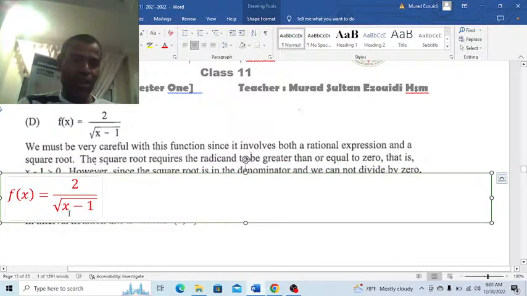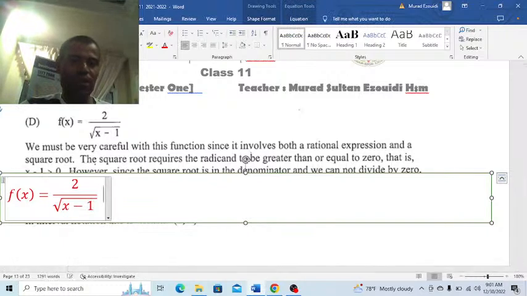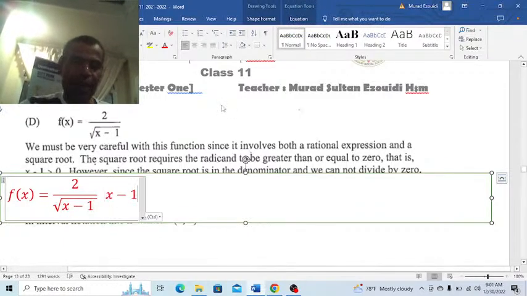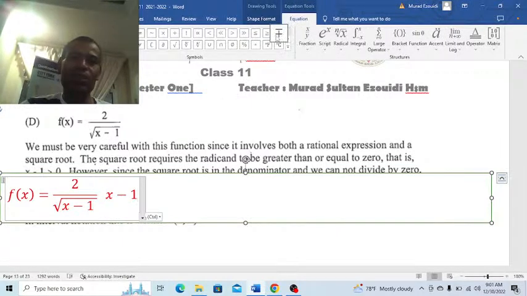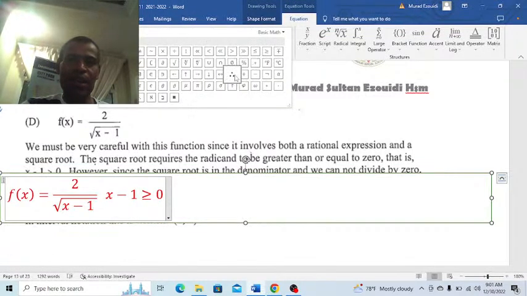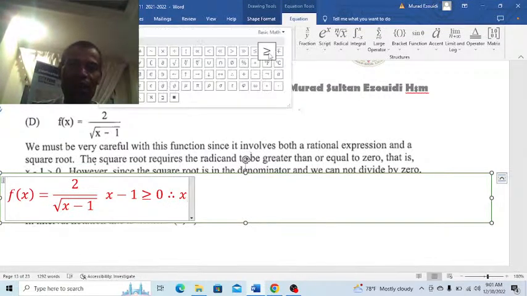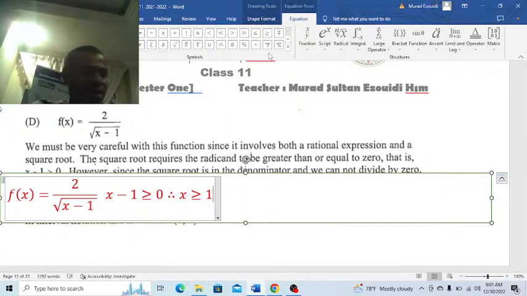You should exclude all the numbers equal to 0, meaning inside the square root this one should be positive. This one should be positive. I will write it is more than or equal to 0. Therefore minus 1, learners, you can transfer to the right hand side to be positive. I'll write therefore x is more than or equal to 1. Now this is the domain. It's clear, you can see it.